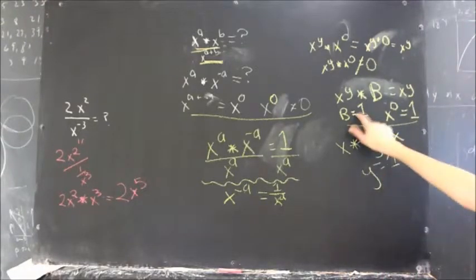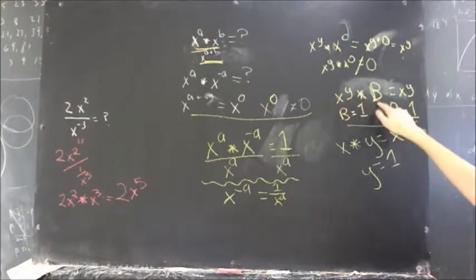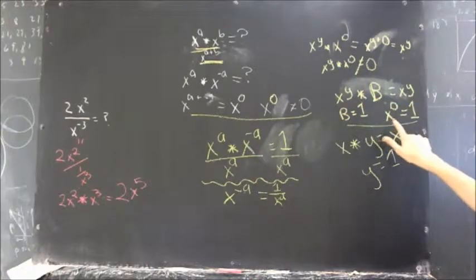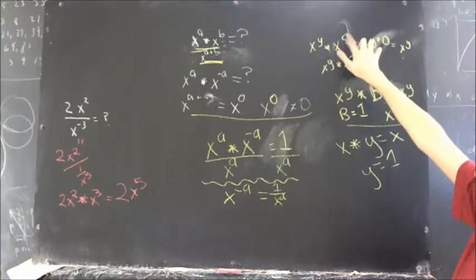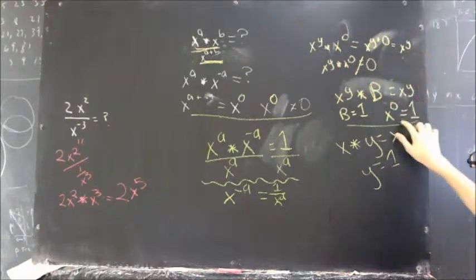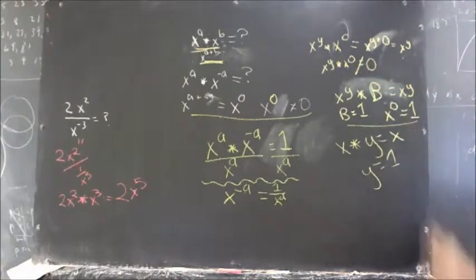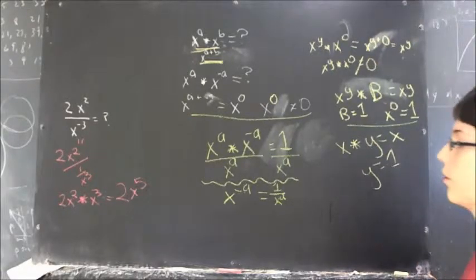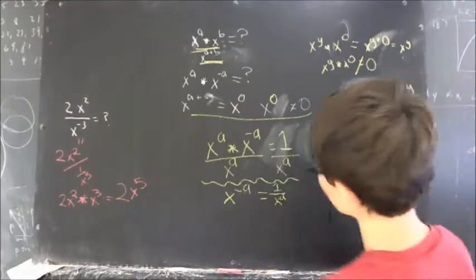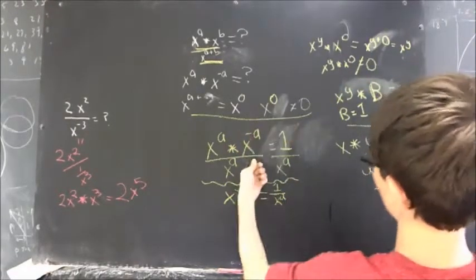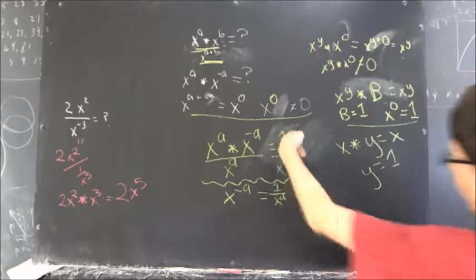And as here, b would be 1, because x to the y times b equals x to the y. And therefore, as we look up here, x to the y times x to the 0 still equals x to the y, therefore x to the 0 equals 1. And as we've gone over here, x to the a times x to the negative a equals 1, because a minus a is 0, and x to the 0 is 1.